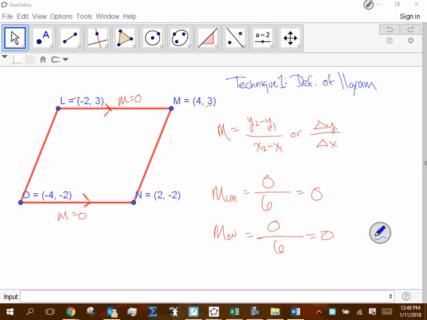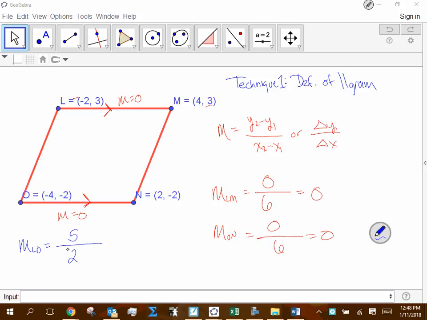All right. Now I'm going to find the slope of LO. Subtract my y's. What's 3 minus -2? 5. And what's -2 minus -4? 2.